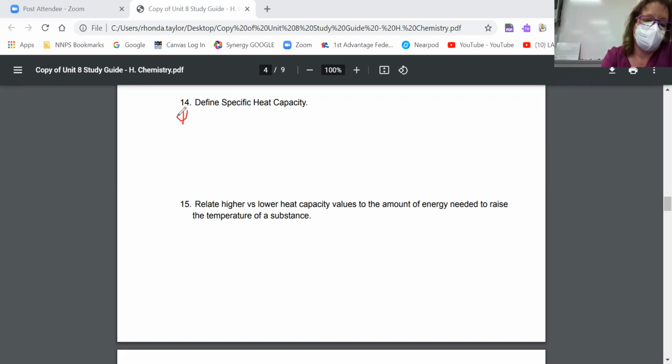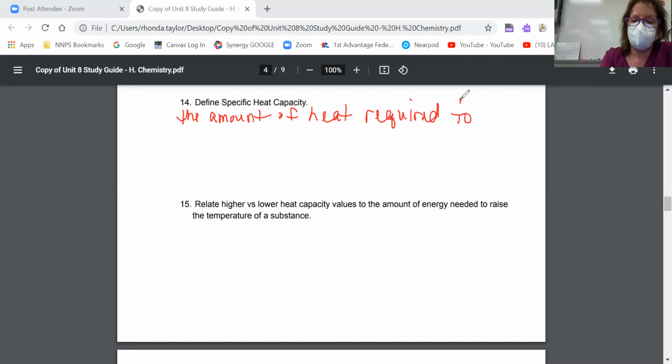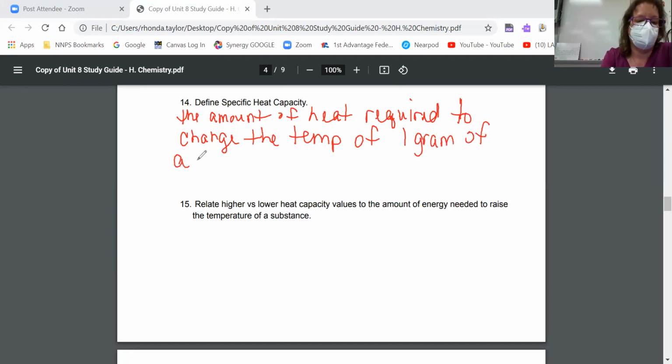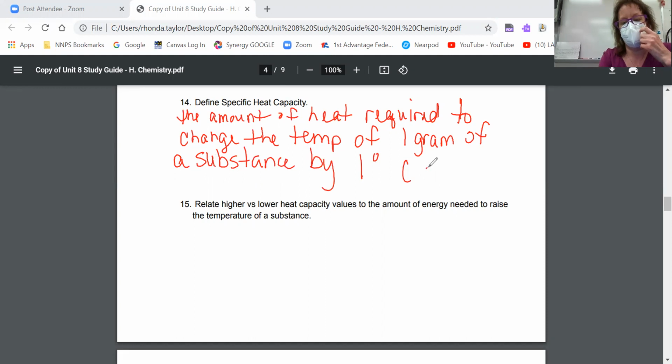This is the amount of heat required, I should say, required to change the temperature of 1 gram of a substance by 1 degree, and it could be either Celsius or Kelvin.